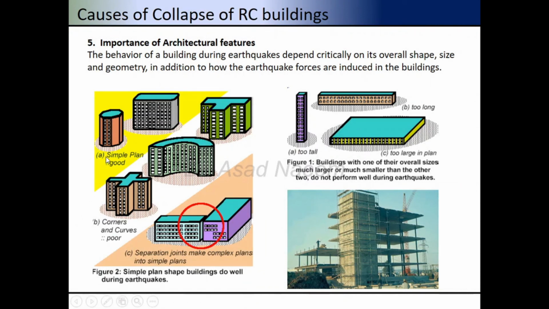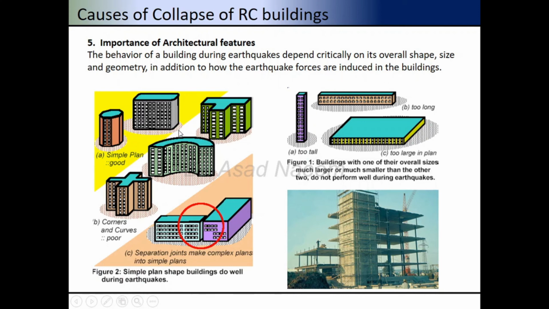Another reason for the collapse of building structures is due to some of the architectural features. The behavior of a building during an earthquake depends critically on its overall shape, size, and geometry, in addition to how the earthquake forces are induced in the building.